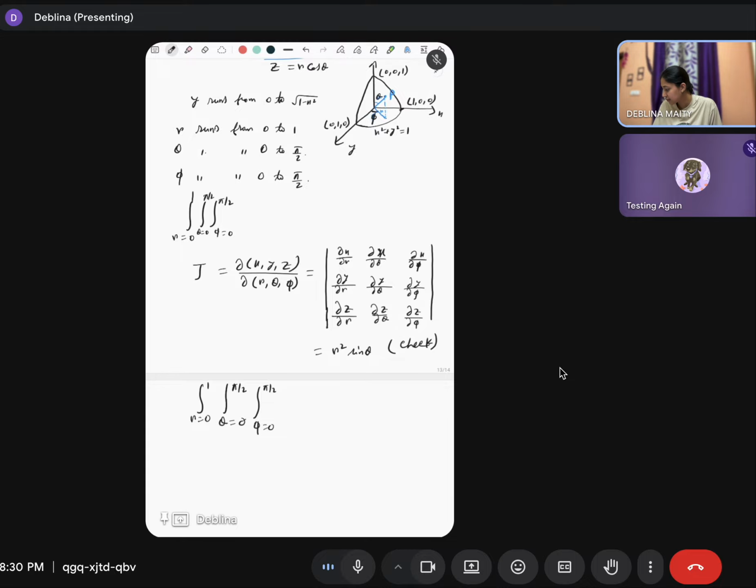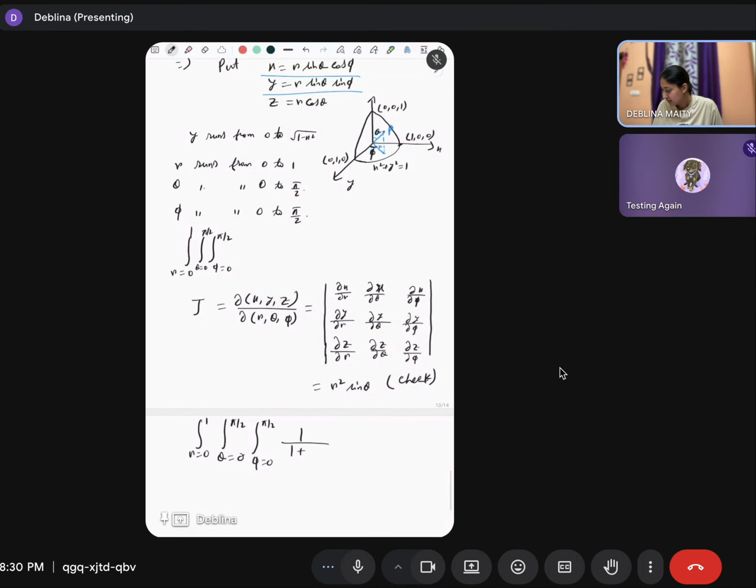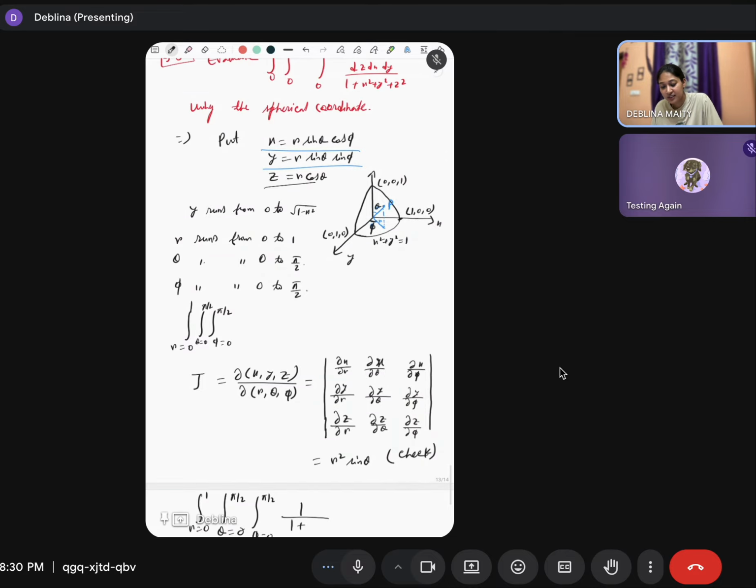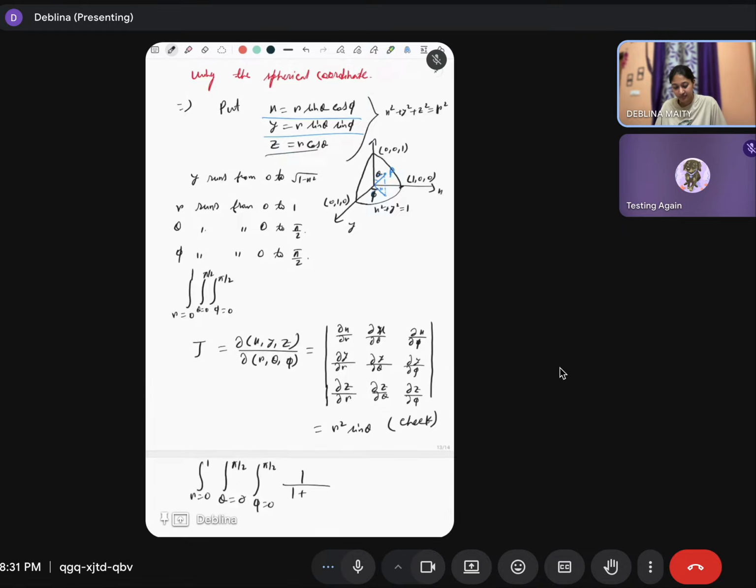So now if this is J, our integration becomes, it was xy dx dy, so 1 by 1 plus x square plus y square plus z square, right? And from this you will see that x square plus y square plus z square is equal to r square, right?